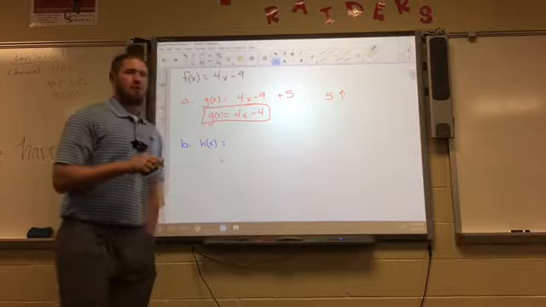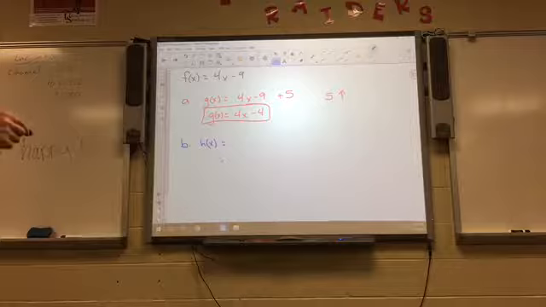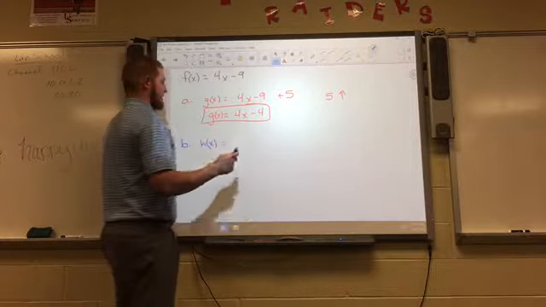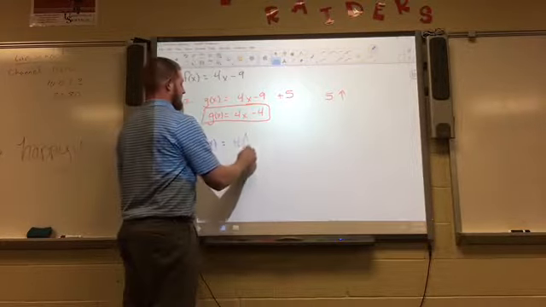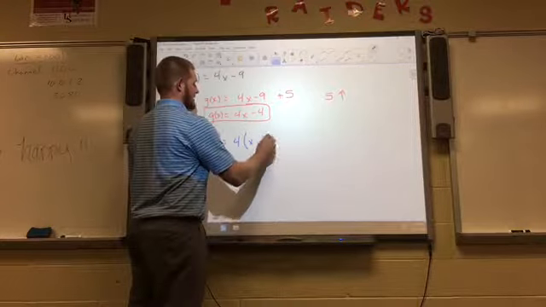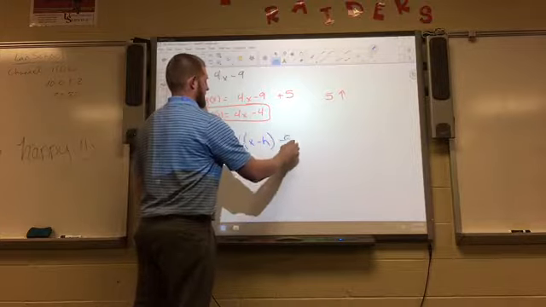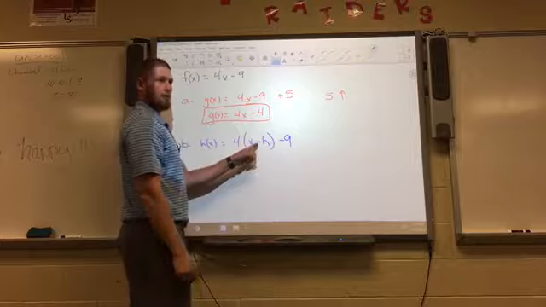Now a horizontal translation, I'm only changing the x. Okay? So when I write this is where your parentheses are important here. You got to make sure you put them in the right place though. I'm going to have 4 and then I'm going to have x. It would originally be minus h, minus 9. That's my original function, but I'm changing the x, right?